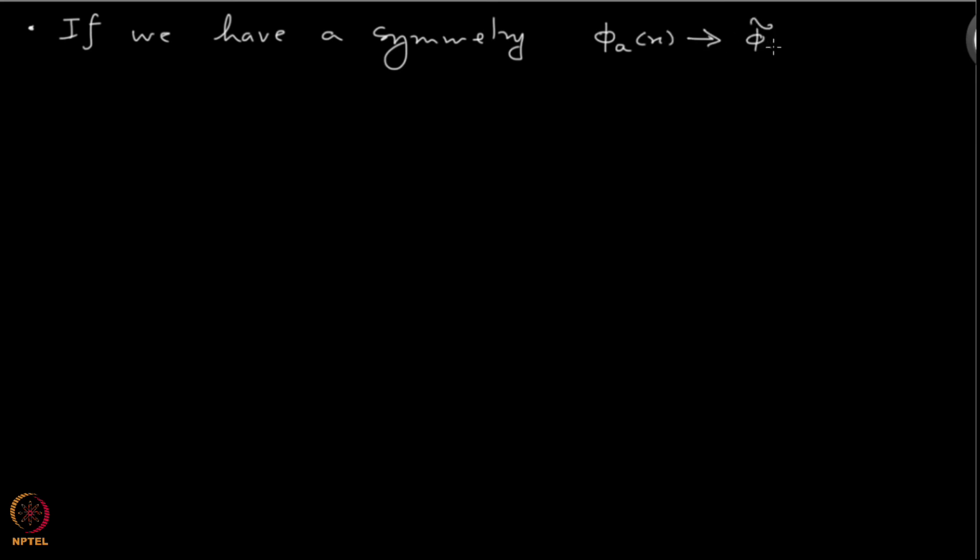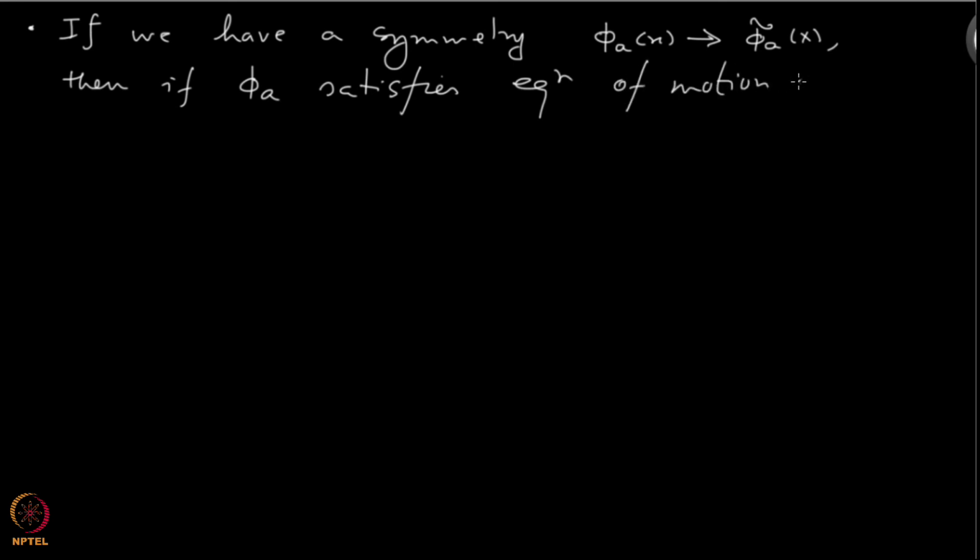So the general result is this: if we have a symmetry where phi a goes to phi tilde of a, and this leaves the action unchanged, then if phi a satisfies the equation of motion, then so does phi tilde of a. And the proof is easy.